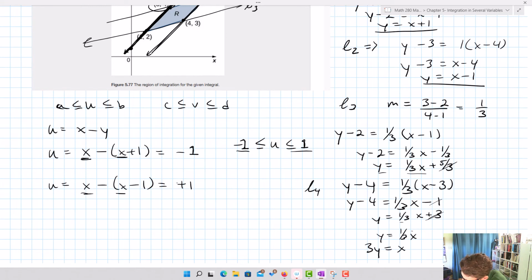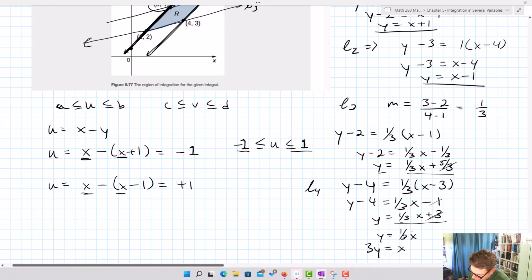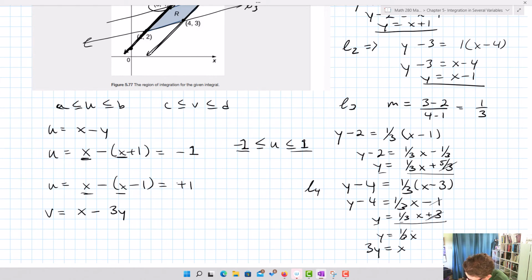I've got y equals 1/3 x plus 5/3, and I've got y equals 1/3 x plus 3. Well, if I let v equal x minus 3y, notice that the 1/3 x is going to cancel out my x's. My x's are going to go away.